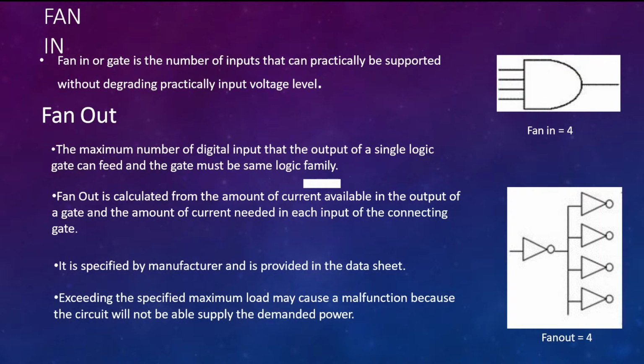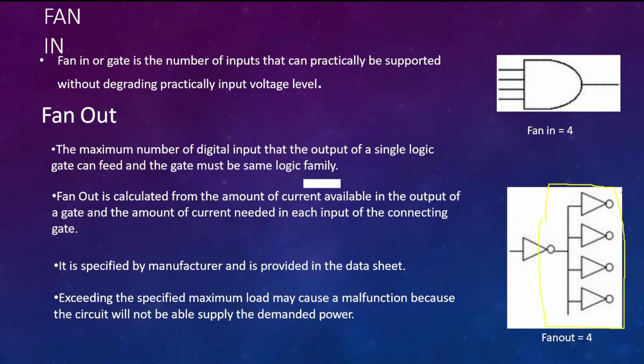Right? So the very first characteristic is the fan in and fan out characteristic. Now basically what is fan out? It is nothing but the capability of a logic circuit to drive the maximum number of similar gates.